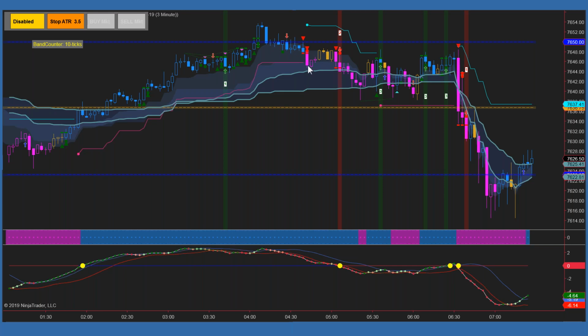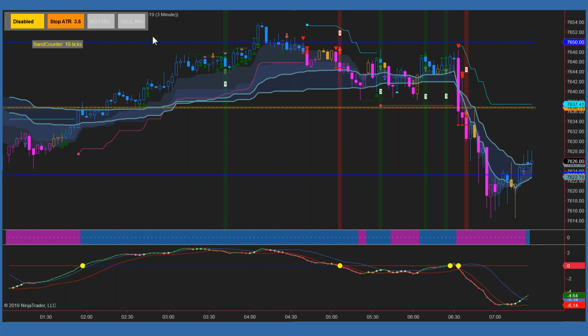When you make them larger or smaller, you're going to make them more sensitive to price changes, to price swings. So the smaller the Hawk bar value, the more price swings you will introduce. The larger the value, the more they will paint in a single direction.